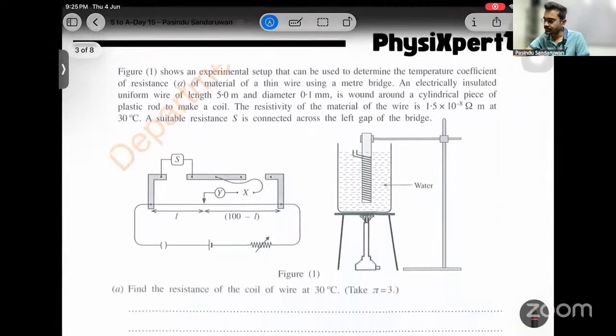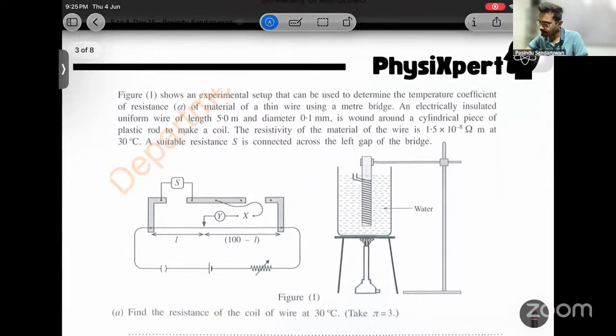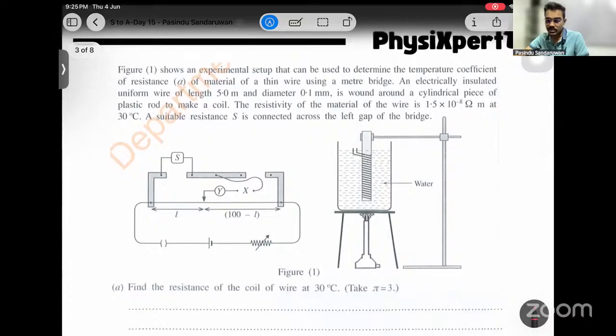Next one. A meter G is given. Figure 1 shows an experimental setup that can be used to determine the temperature coefficient of resistance alpha of the material of a thin wire using a meter bridge.